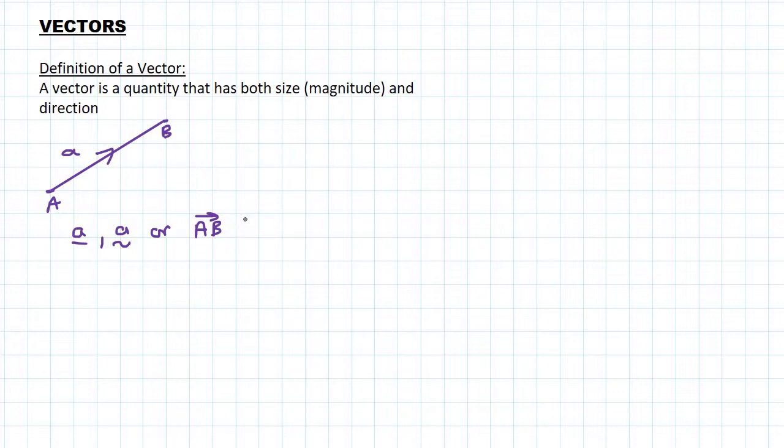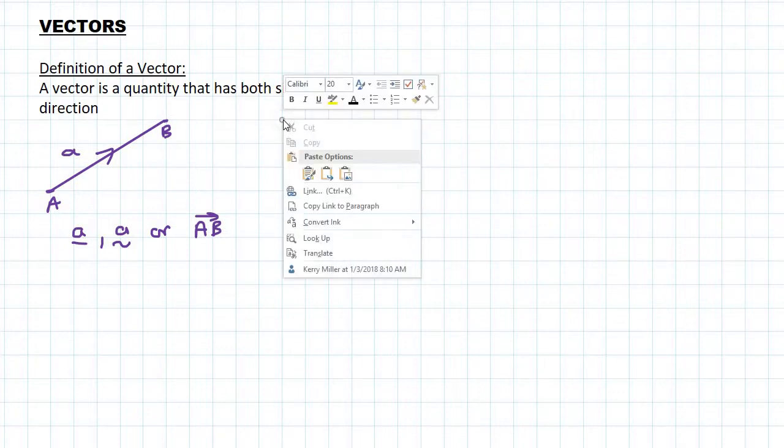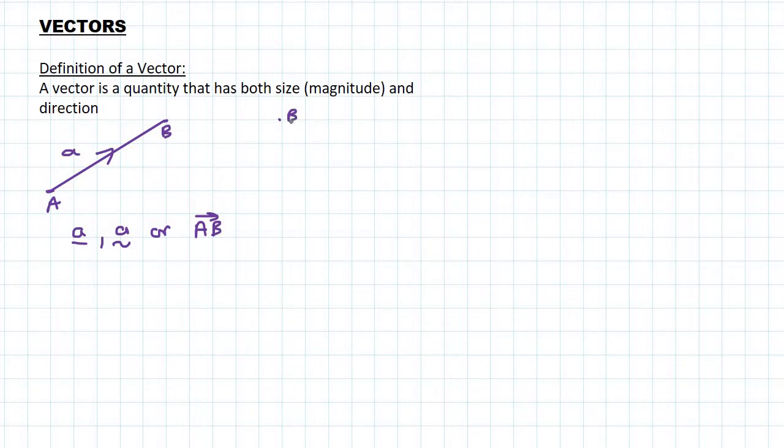Alright? We can also draw this line and have it coming from B to A. So let's start here at B, and then it goes to a point A, and let's say it has the same size or magnitude, and it goes a different direction because it's going from B to A. We can call this the magnitude is A, or the size is A, and therefore it's going in the opposite direction, so we're going to put a negative sign.